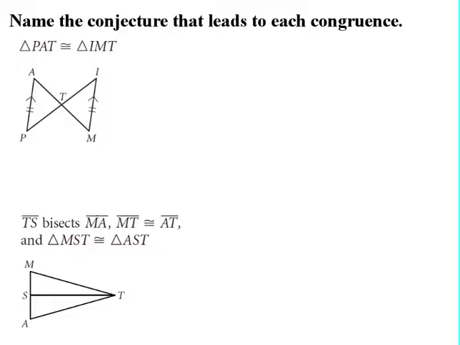They want to say PAT is congruent to IMT. So we have 2 options, SSS or SAS. Let's look at this. What do these 2 arrows mean? They're parallel. So with 2 parallel lines, I know that I have some angles that are going to be the same. What do I know angle P is going to be the same as?